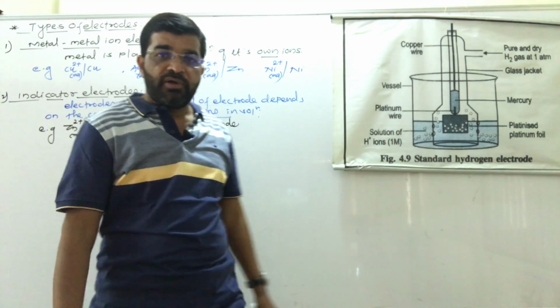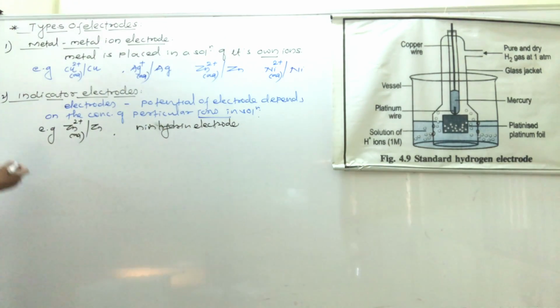Now see, the next type of electrodes are gas electrodes.